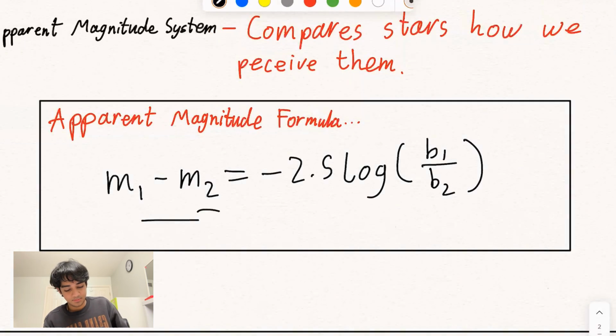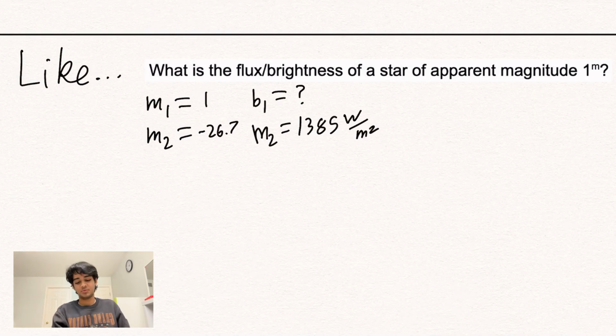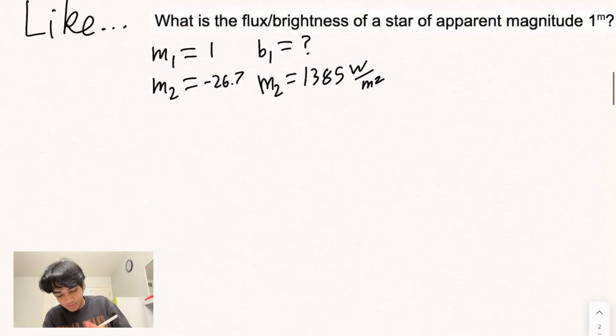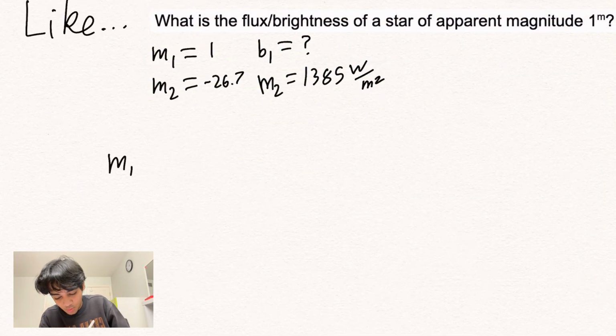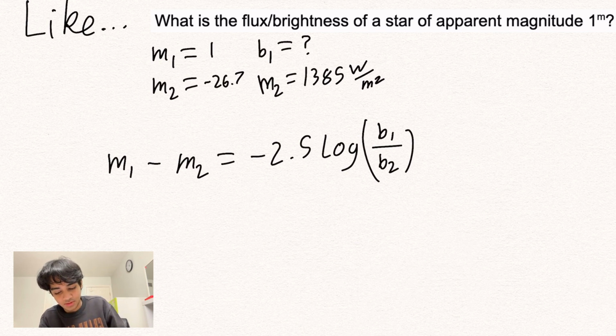We just need to figure out this one. That's doable. I moved the numbers up here, and now let's write the formula. M1 minus M2 equals negative 2.5 log B1 over B2, and we're using our sun for the second star.